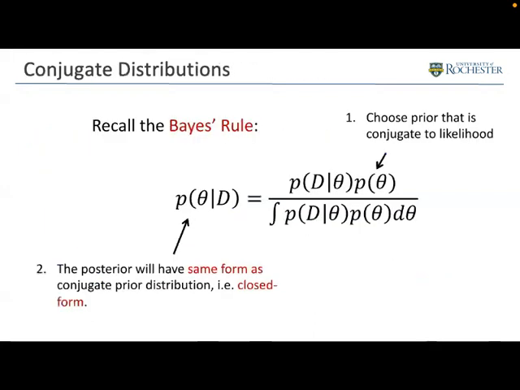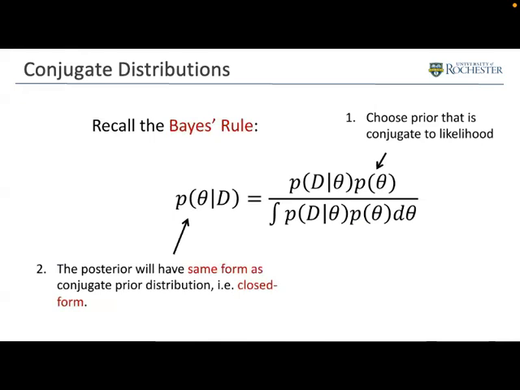Before we move into the LDA, I first need to talk about conjugate distributions, because there are some terms in the LDA that might be very confusing for learners. So let's first look at Bayes' rule. We have the prior P(C) here, and the posterior is this one.